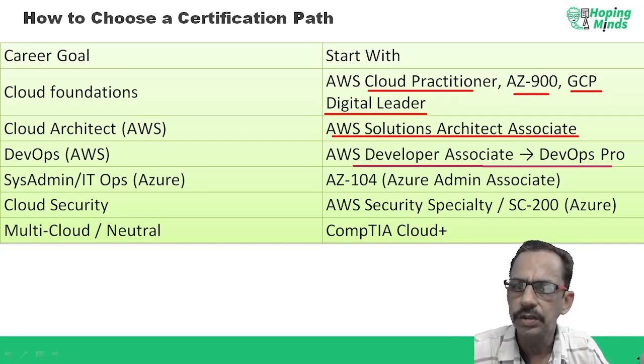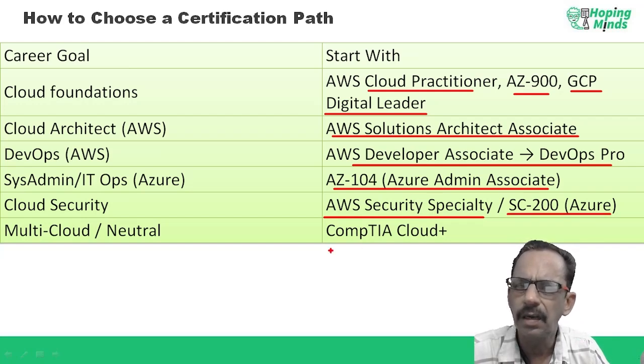DevOps Associate, and then you can go on to DevOps Pro. Sysadmin is the AZ-104 in Azure. Security: AWS Security Specialty, SC-200 for Azure. And general, vendor-neutral, you can say CompTIA also has certifications.